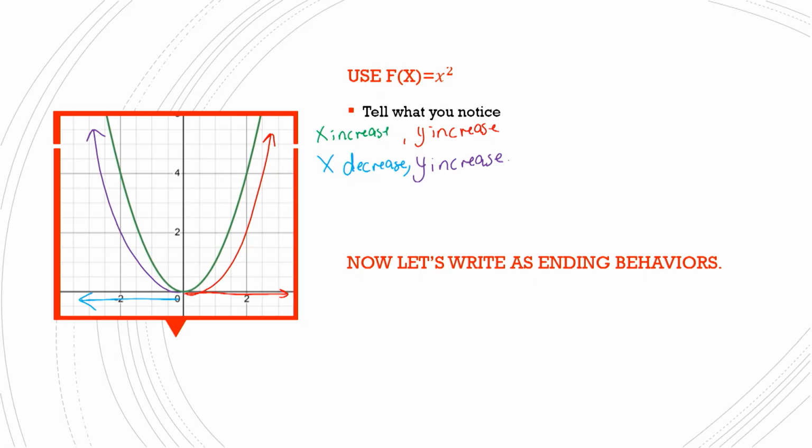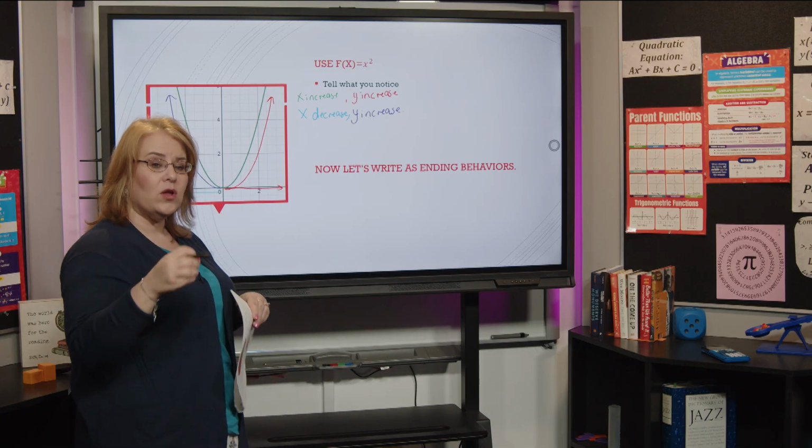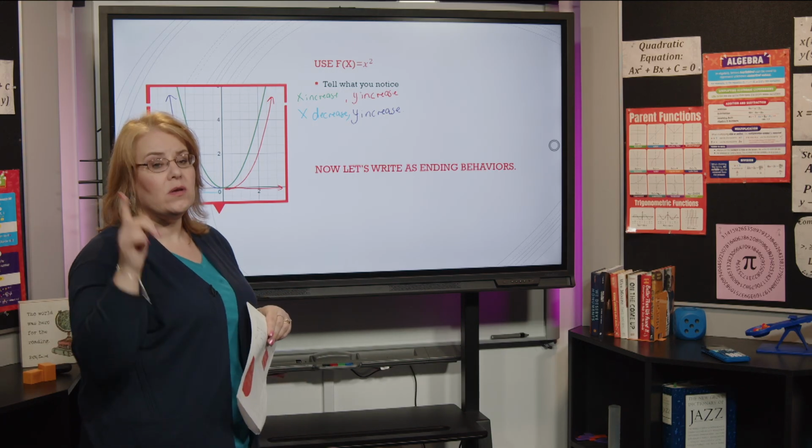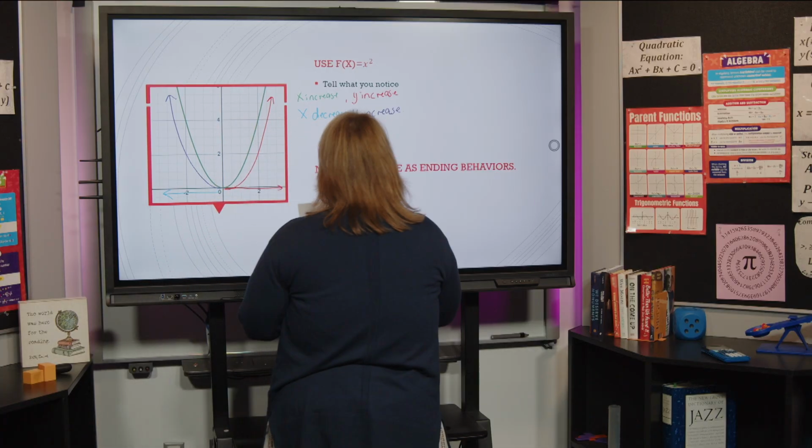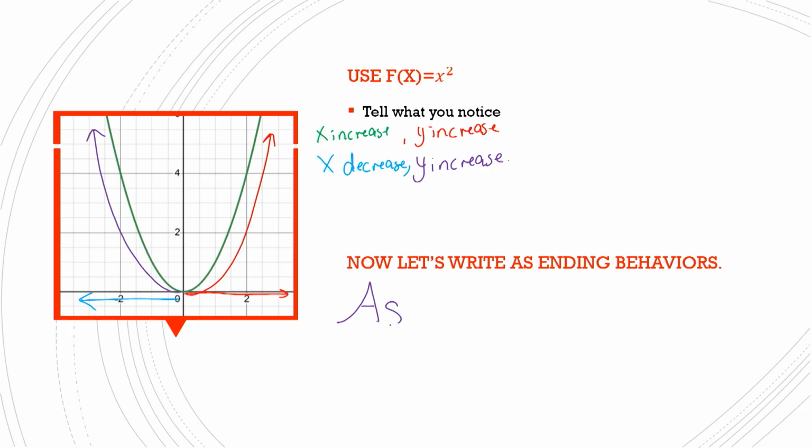So for me to write this ending behavior in arrow notation, I'm going to use an arrow. Watch this. As x approaches positive infinity, my f of x, or my y values, also approach positive infinity, or they're increasing.